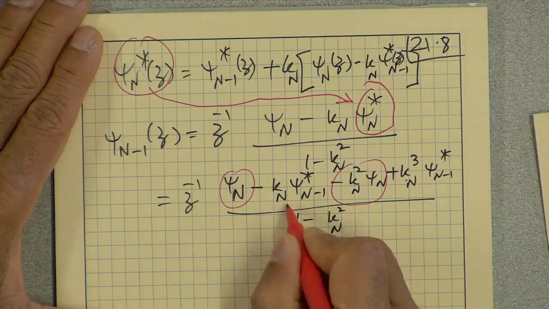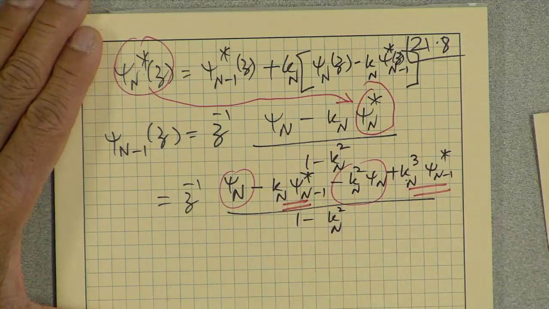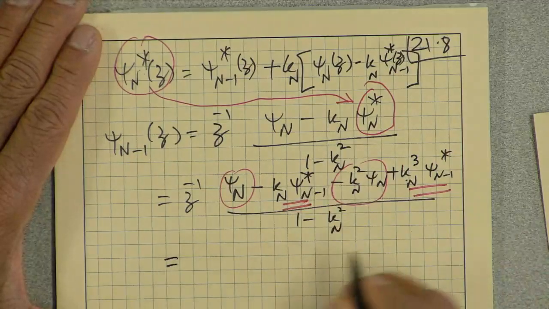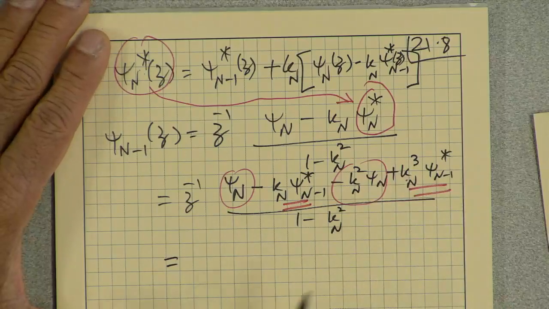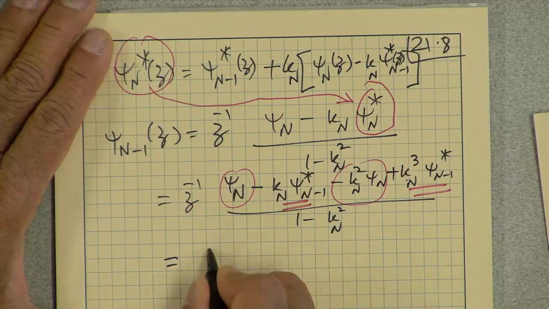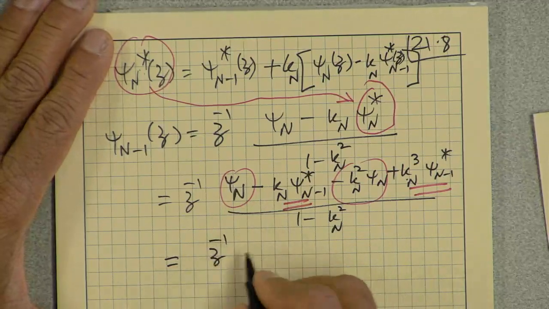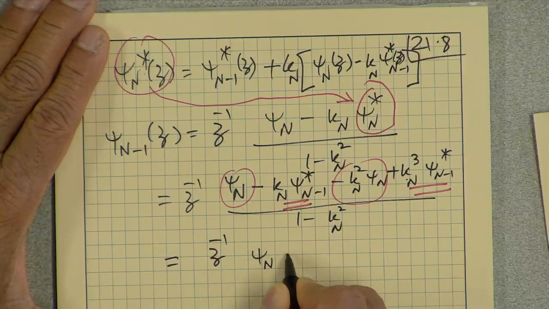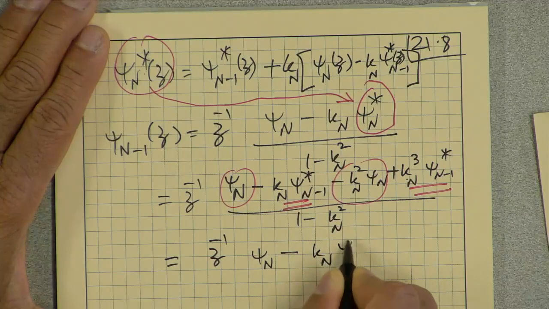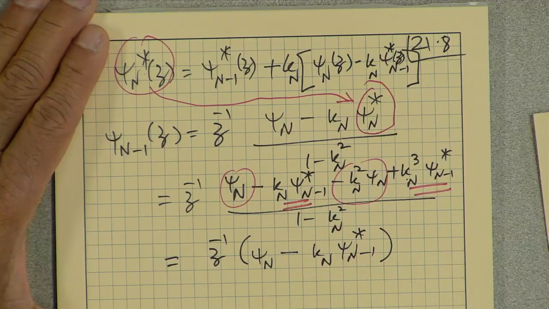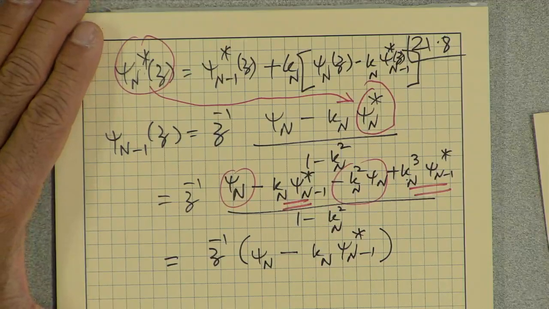From this term and that term, I take minus kn times psi n minus 1 star outside, and that becomes 1 minus kn squared, which also cancels out in the denominator. We are left with z to the power n times psi n minus kn psi n minus 1 star. So that's one equation that I need.